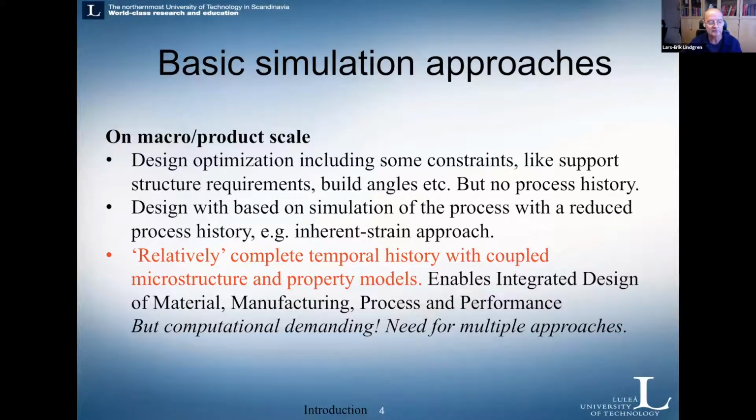So you can climb up to more simplified approaches. And of course, you can go down to more detailed models like Caroline talked about earlier today. So this is the motivation for my talk, that we all need to know more about material science and what we can pick up from that box and use in computational thermomechanics.